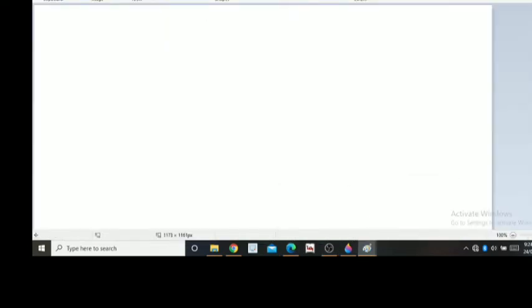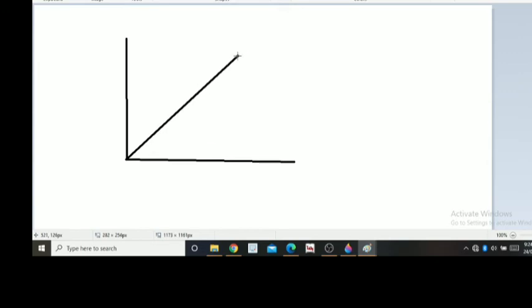Okay, so what can be its example? Suppose this is the situation. So from the prior period, from the past years, this is the situation in the previous years.